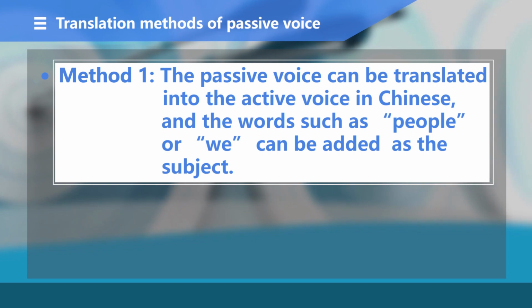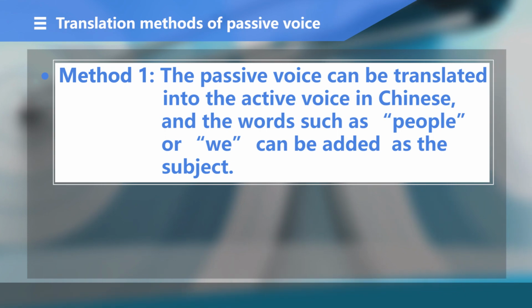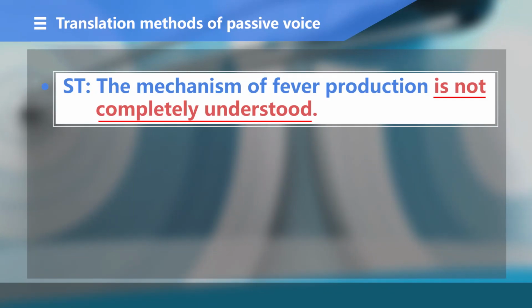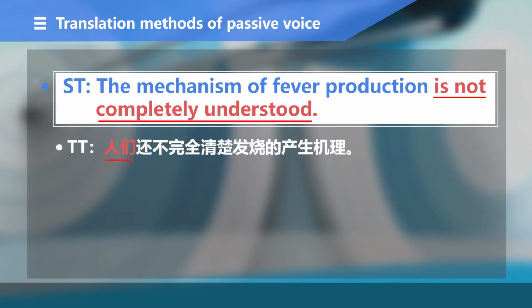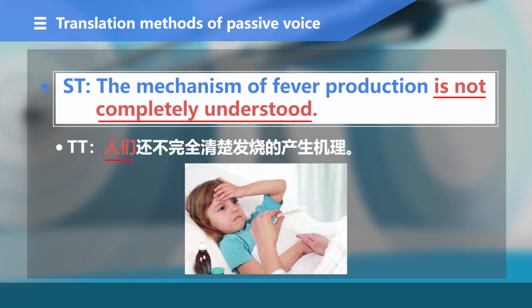The passive voice can be translated into the active voice in Chinese, and words such as "people" or "we" can be added as the subject. Look at example 5, in which a good example is given to illustrate.